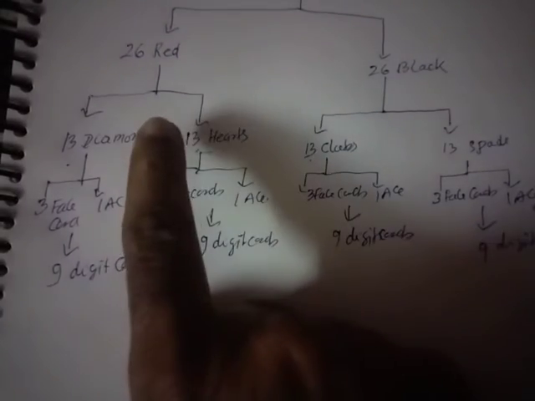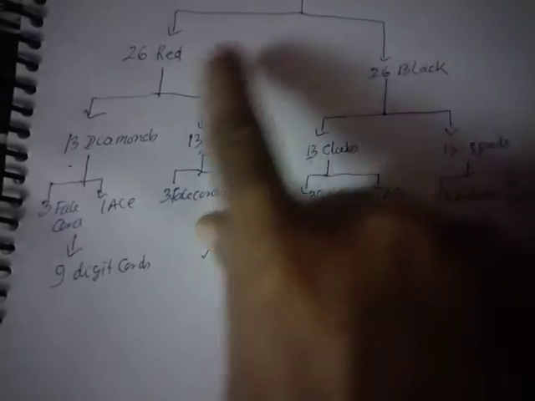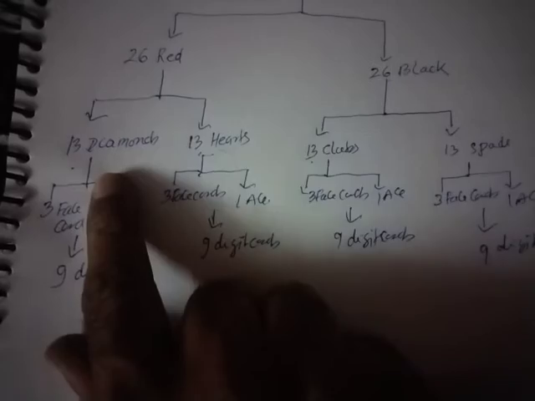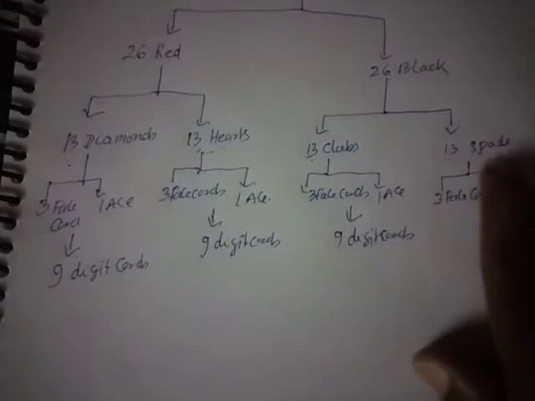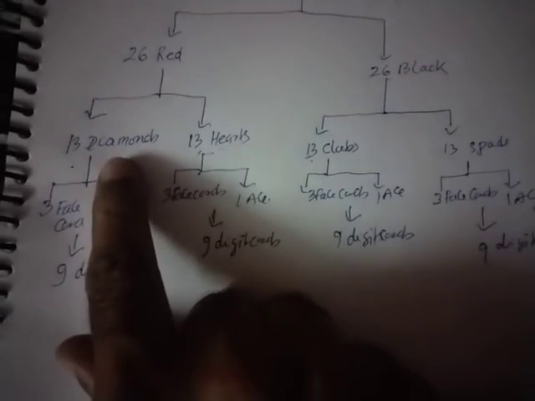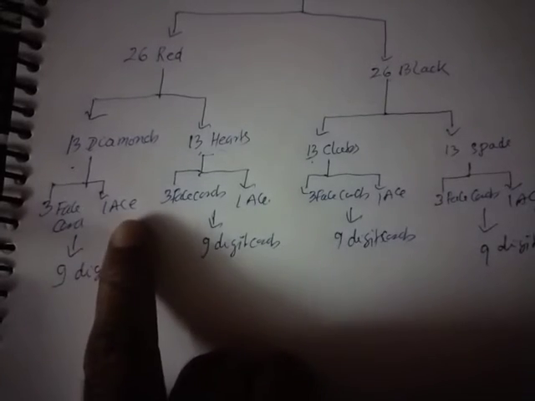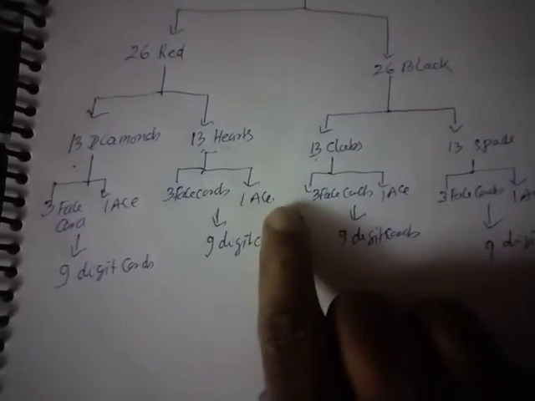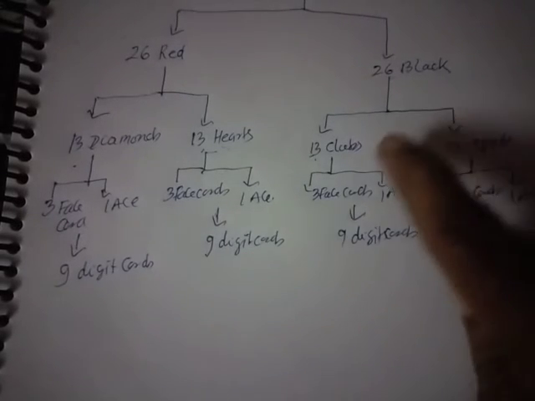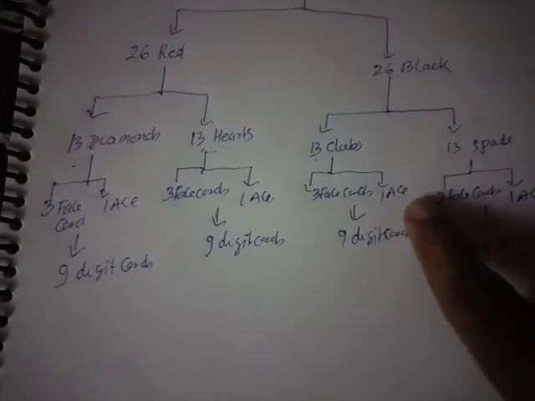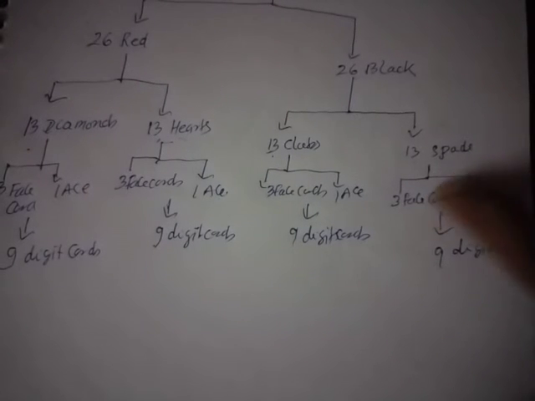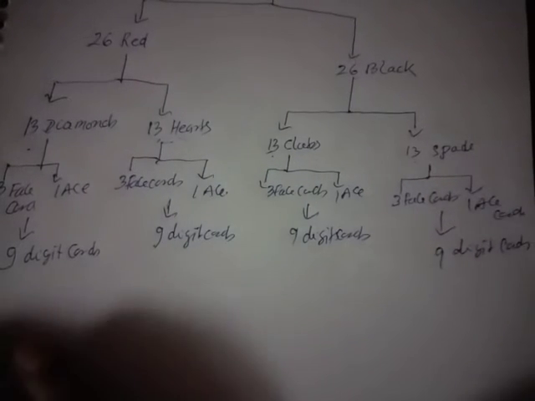So student, out of 52 cards, 26 red, 26 black, 13 diamonds, 13 hearts, 13 clubs, 13 spades. Out of 13 diamonds, 3 face cards, 1 ace card, 9 digit cards. The same for hearts, clubs and spades.